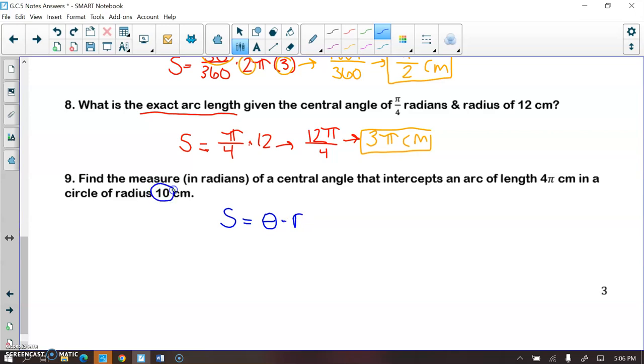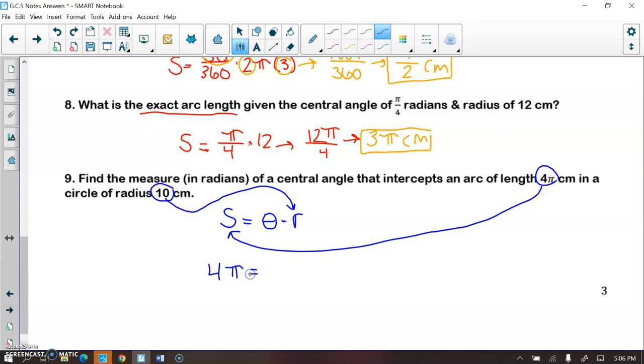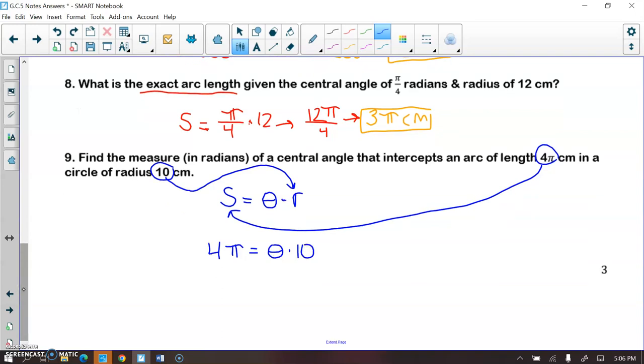I have my radius, so I'm going to put that in for R. I have my arc length, I'm going to put that in for S. So I have a 4 pi is equal to my radians times my radius. To find my radians, I'm going to just divide by 10 on both sides.